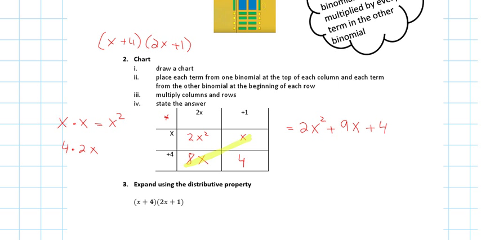Are we okay with that? Remember that x or 1x, they're the same thing. You have to be careful when you're multiplying and when you're adding. Don't get confused. At first, you're multiplying to get your answers, and then at the end, you're adding the like terms, so you're adding the coefficients. Thumbs up from everyone?